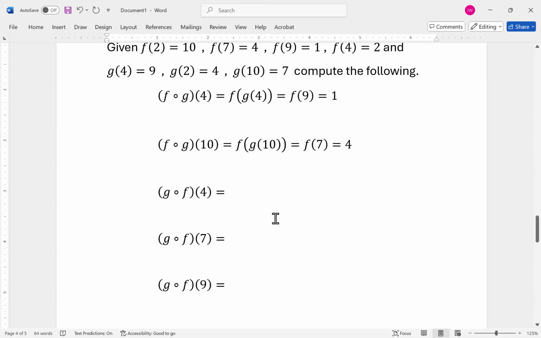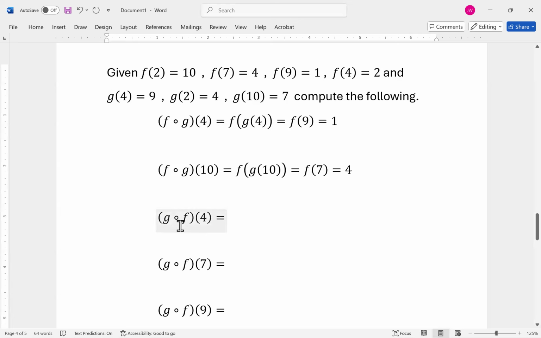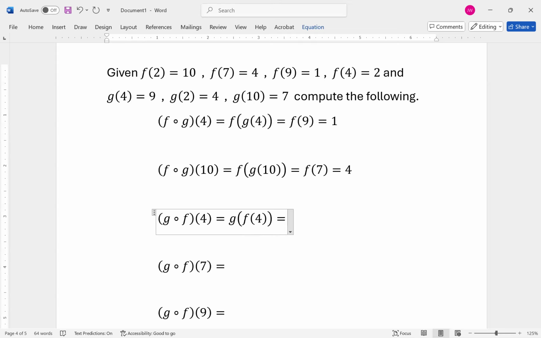Now let's compose in the reverse order. Let's do g of f of 4. I first start out asking, where does my function f send the number 4? f sends the number 4 to the output of 2.